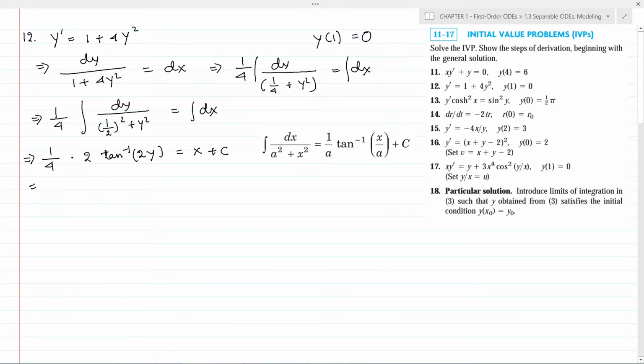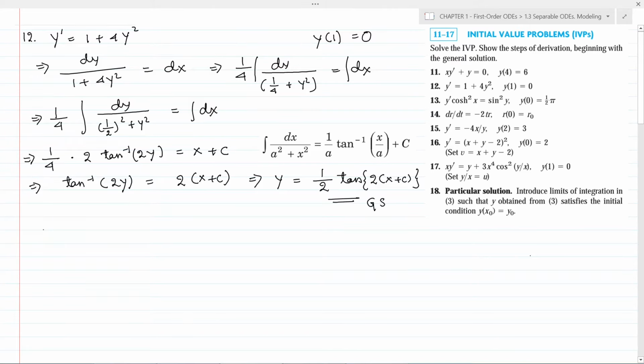From this we can write tan inverse of 2y is equal to 2 whole into (x + c), or this implies y is equal to half tan of 2 whole into (x + c), and this is the general solution of the differential equation.